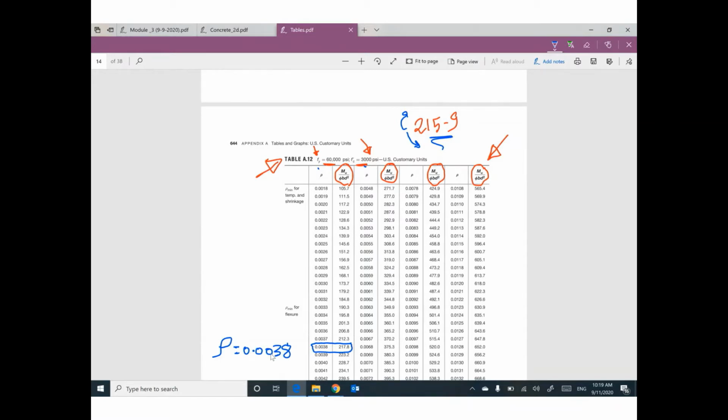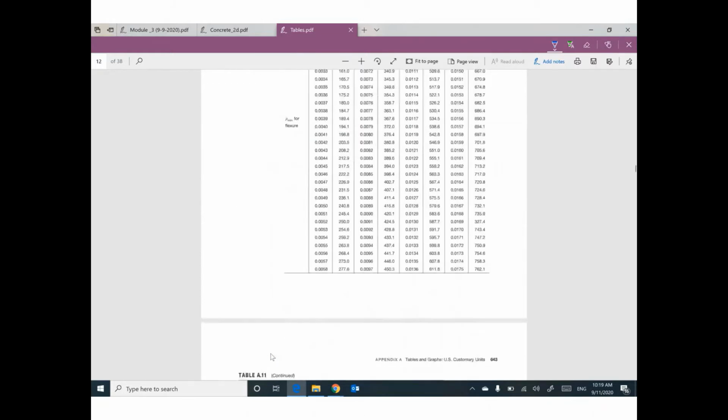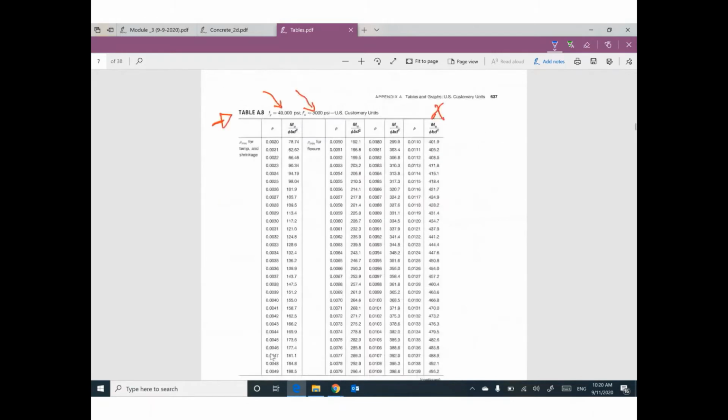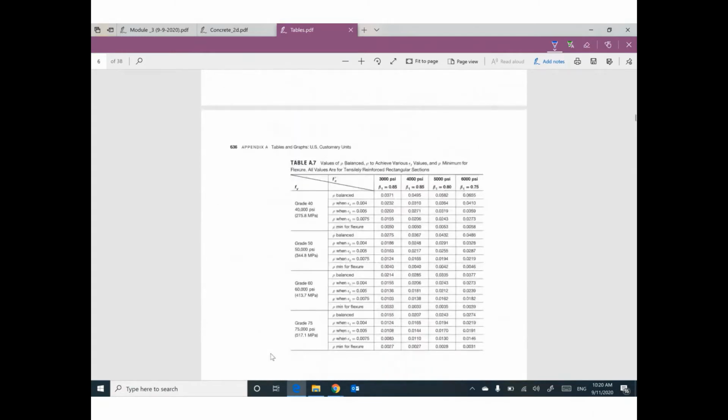I need to go back to a previous table in A7. And steel grade 60, which is F yield equals 60,000. And F prime C equals 3,000.